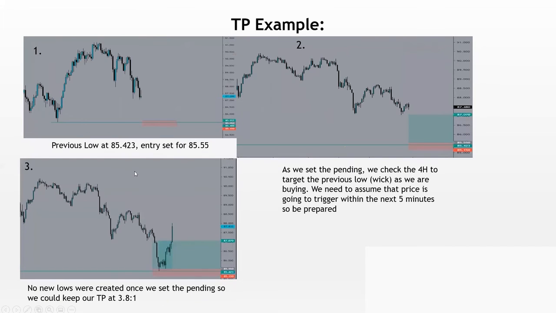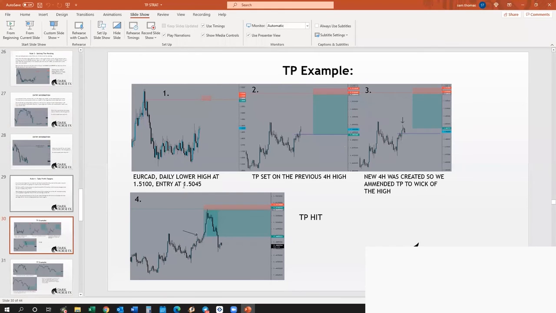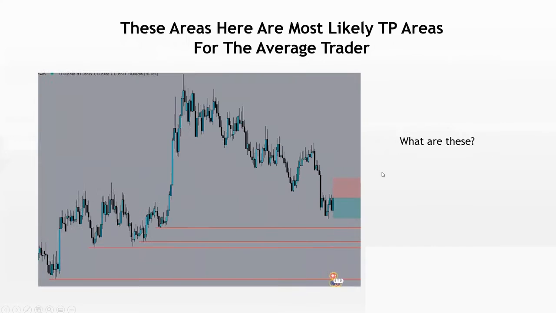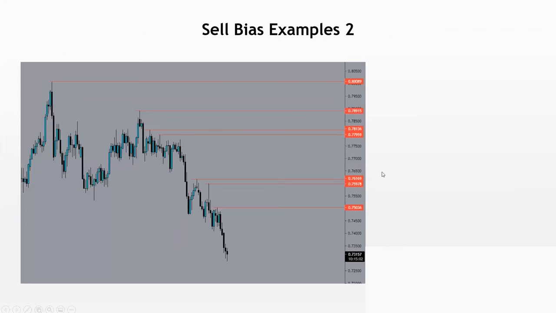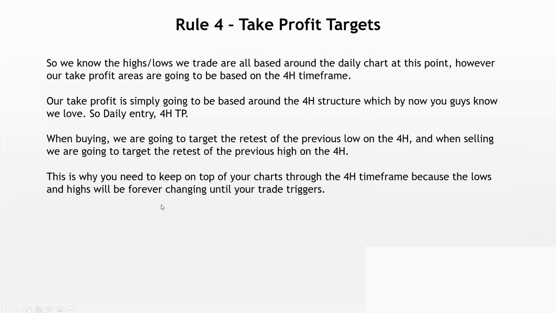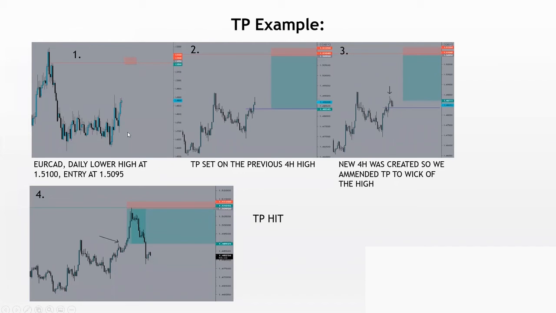In fact, I can just edit this card while I'm on it. Easy as that. So let's go back here. Here we go. Perfect. So now Euro CAD, your daily lower high is at 1.51 here.